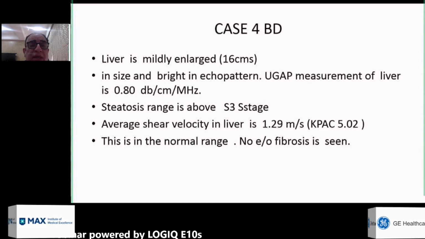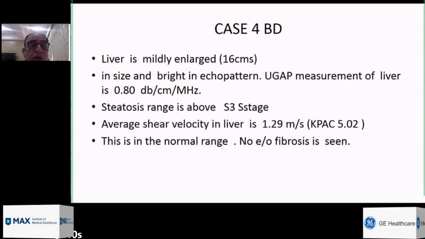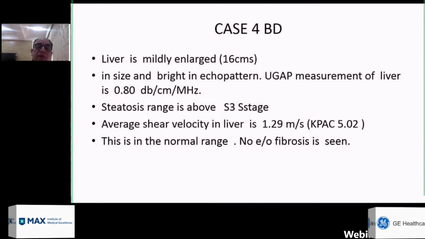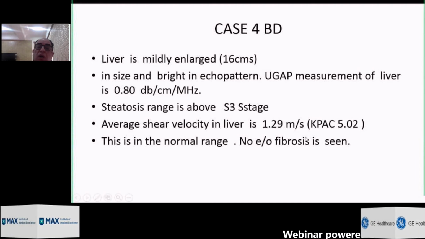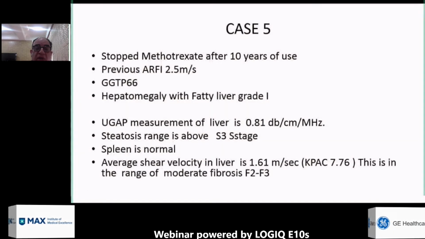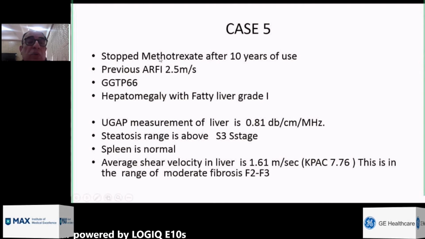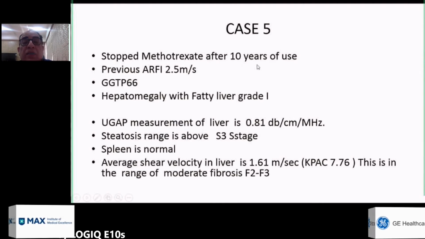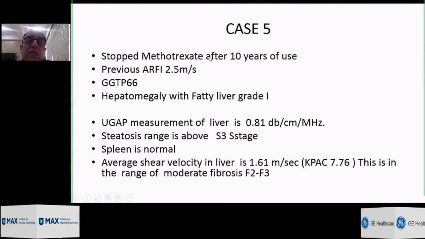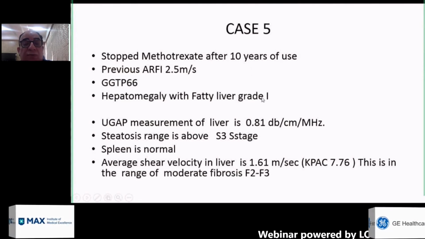Now, this is another case, mildly enlarged liver, bright echo pattern with a UGAP of 0.80, above S3 stage, again with a normal 1.29 shear wave value. This was, I think, an arthritic patient who was on methotrexate, and you can see that the previous RFE value was 2.5. There was fatty liver grade 1.